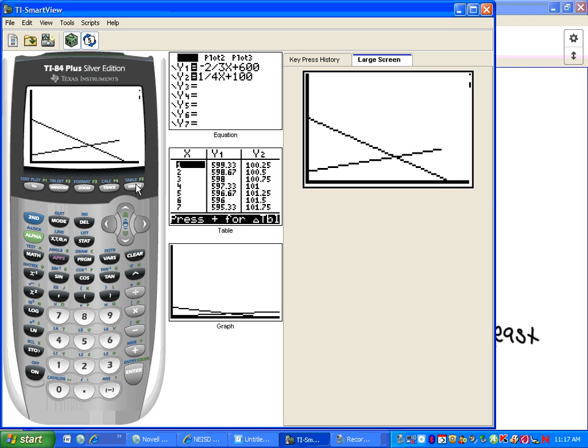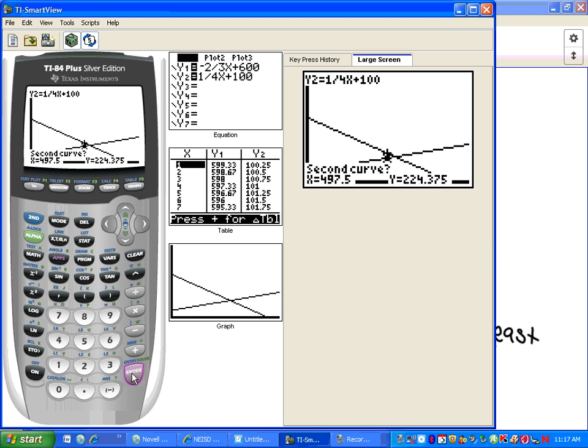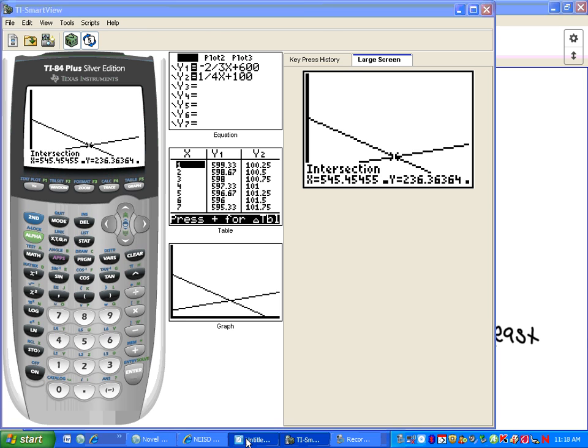There's Mr. Said. And we're going to intersect. Choice 5. And we have it: 545.454, or 455 if we round correctly, and 236.364. Let's go back and record that.